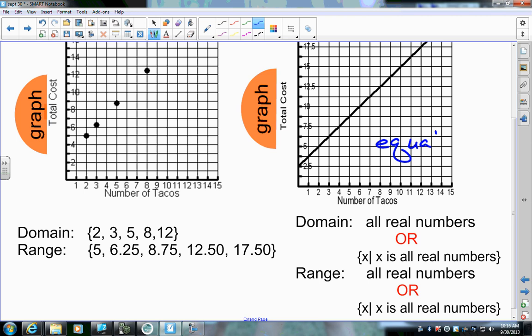It gives you a line. So anytime they ask you what is the domain and range of an equation, highlight that, it is always all real numbers. When you are talking about a situation and you are applying a certain problem to it, that's when it becomes certain numbers. That's why it's just 2, 3, 5, 8, and 12.